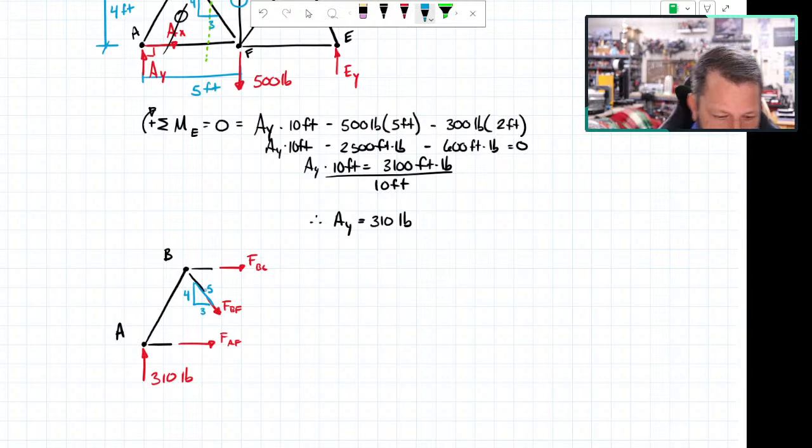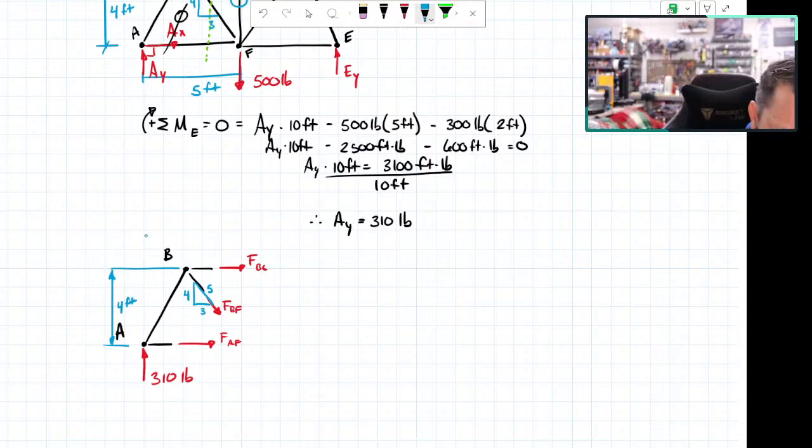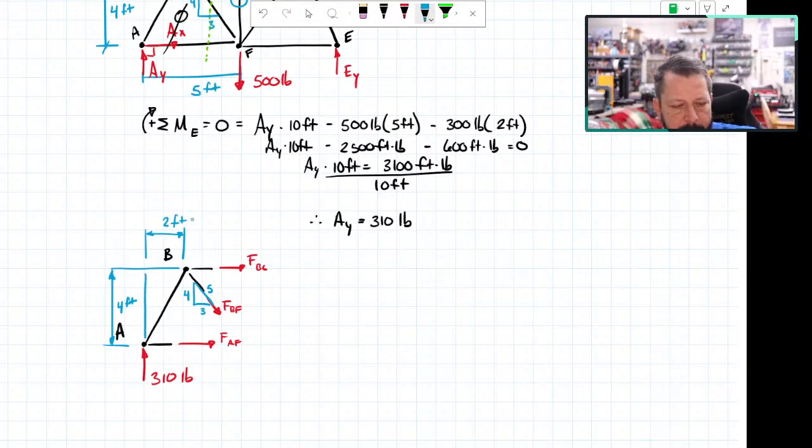I have other dimensions here. I have this, .4 feet. And I have this, 2 feet. But that's really all the dimensions I have on the free body diagram.